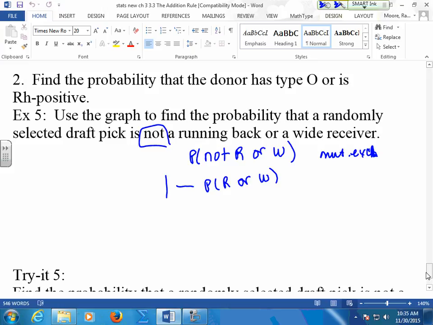How many running backs are there? 21. How many wide receivers are there? 33. So nothing in common, so we're going to add these together.